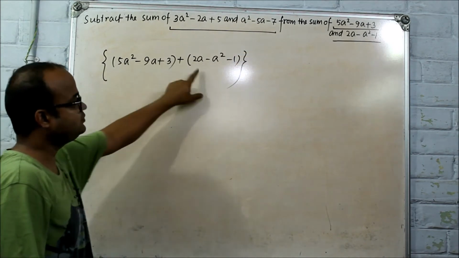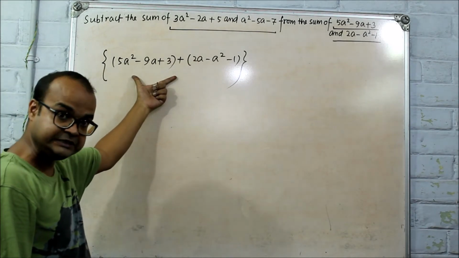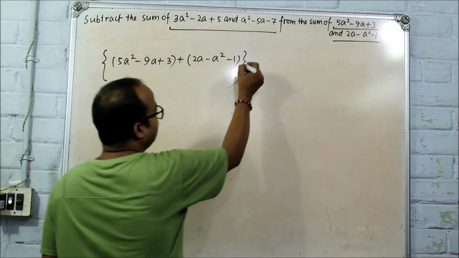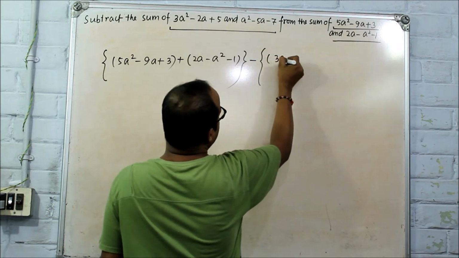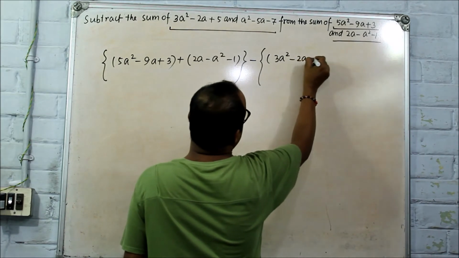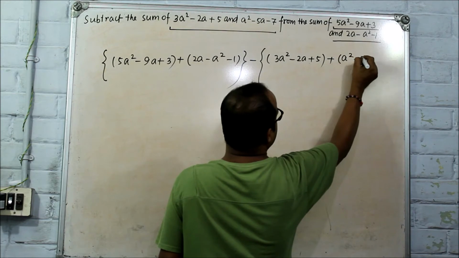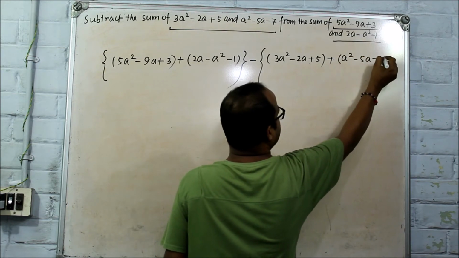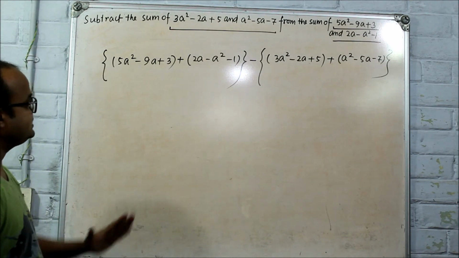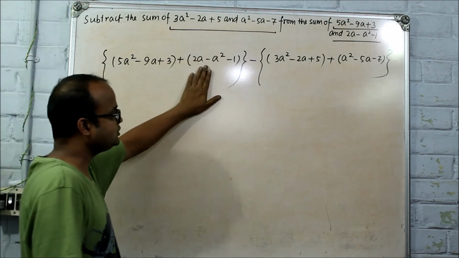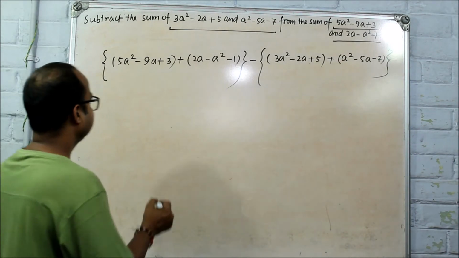From the sum of, so the sum of these two will always be the leading term or the first term, minus 3a square minus 2a plus 5 plus a square minus 5a minus 7. So first my suggestion is simplify these two terms, and then we open up the bracket.